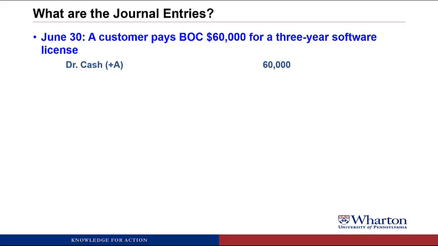But BOC hasn't delivered any of the software yet, so they can't recognize revenue. Instead, they have to create an obligation or a liability for their responsibility to deliver the software over the next 3 years. So we create a liability with a credit, unearned software revenue, for $60,000.